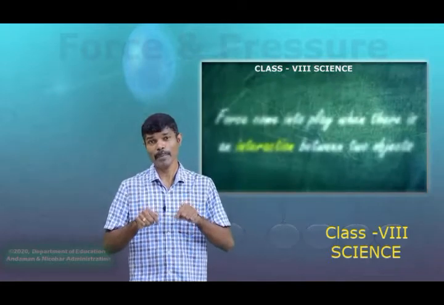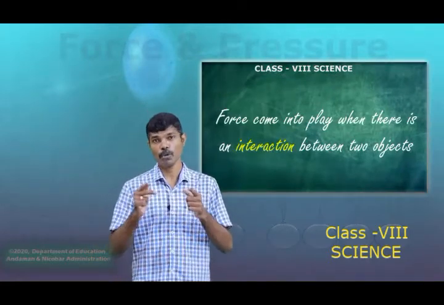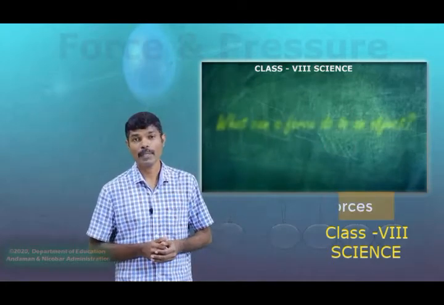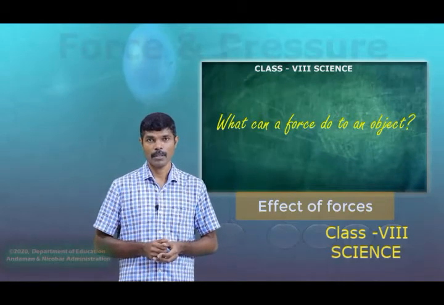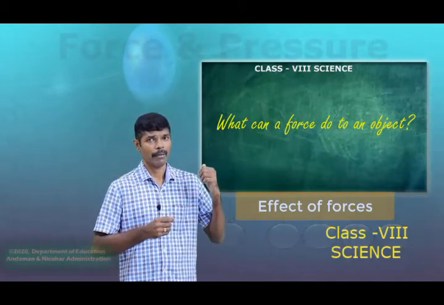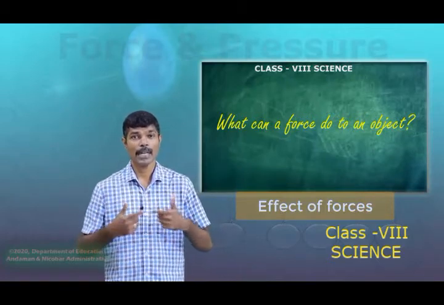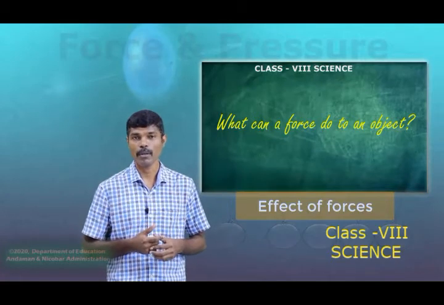So force comes into play only when there is an interaction between two objects. Now we will see what a force can do to an object. In order to understand this, see the picture. From this we try to understand the various effects of force on an object.